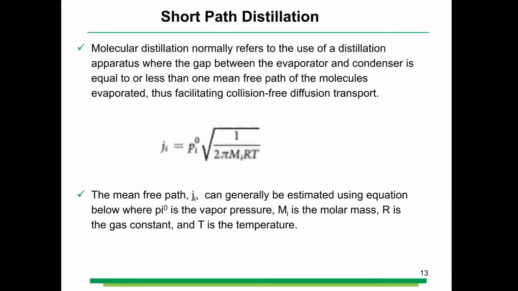Molecular distillation normally refers to the use of an apparatus where the gap between the evaporating surface and the condenser is equal to or less than one mean free path of the molecules evaporated, thus facilitating collision-free transport, as illustrated in the equation below, where the free path is generally estimated from the vapor pressure, the molar mass, the gas constant, and the temperature.